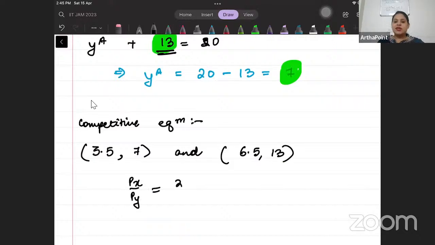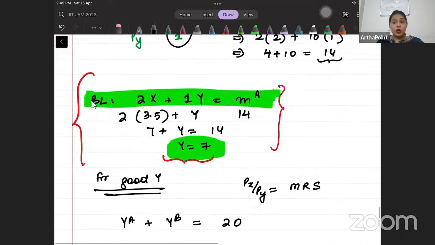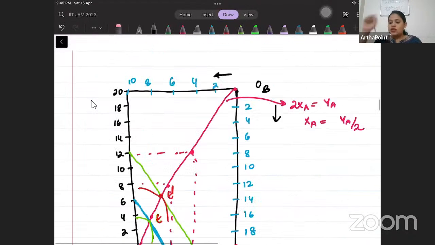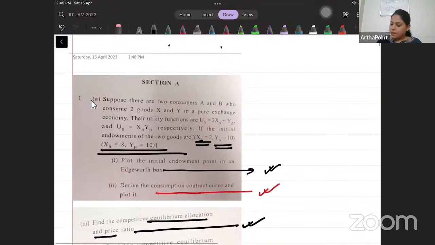This is my competitive equilibrium. Good question. Very good, because all concepts have been thoroughly revised.